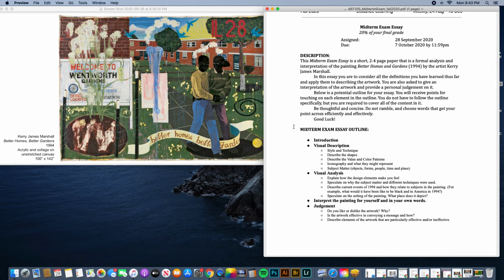So, style and technique. Describe the shapes. Describe the value and color patterns. Describe iconography and what they might represent. Describe the subject matter in this painting. That would be objects, forms, the people, time, and place.